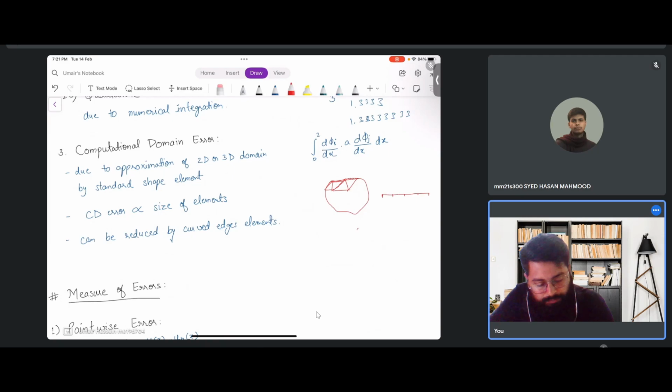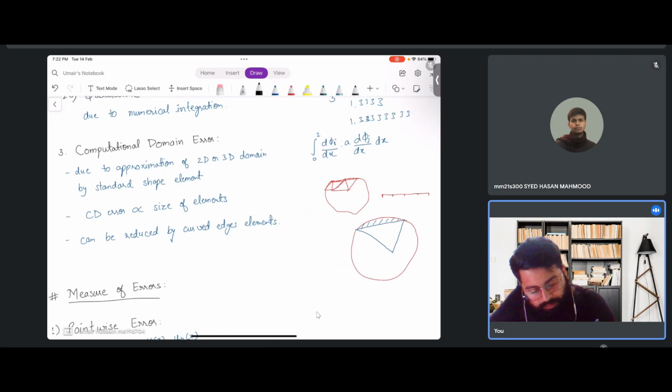So here we have some kind of arc. If I would want to draw the full shape, something like this, and cover this area with one triangle, suppose like this, then it would be difficult. But if I would want to cover it with two triangles, right now this is my error.